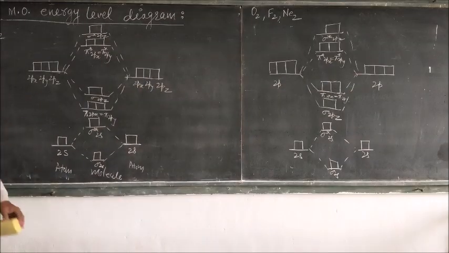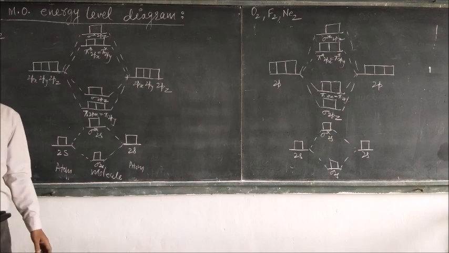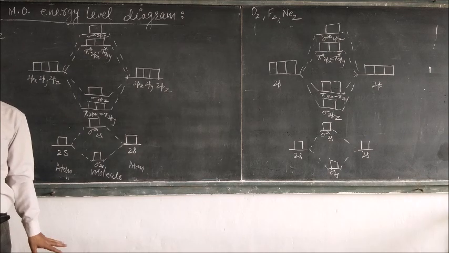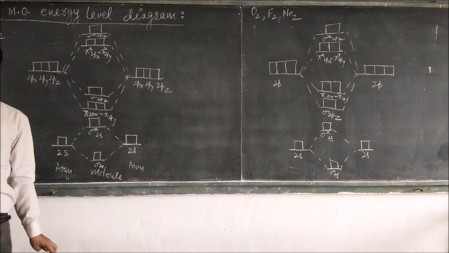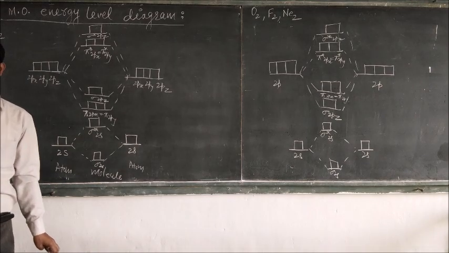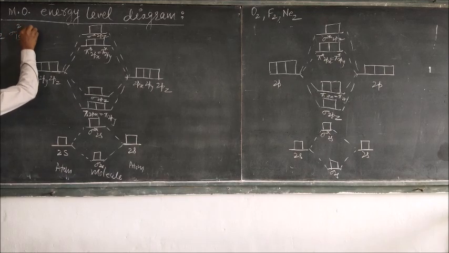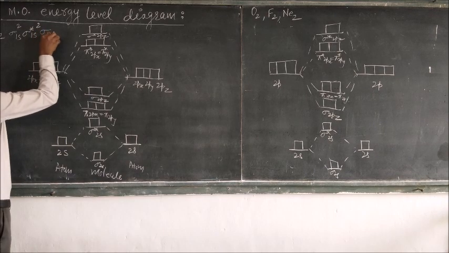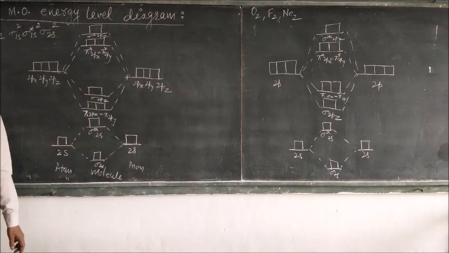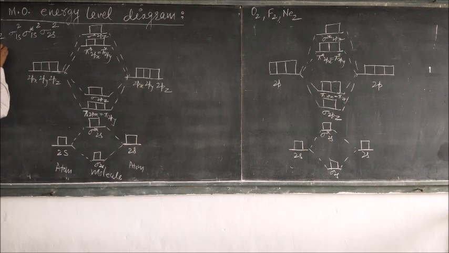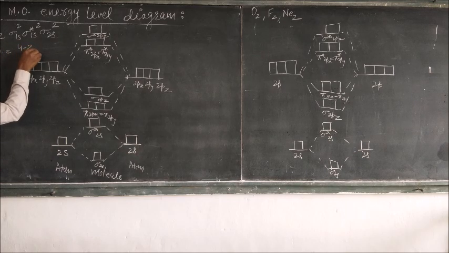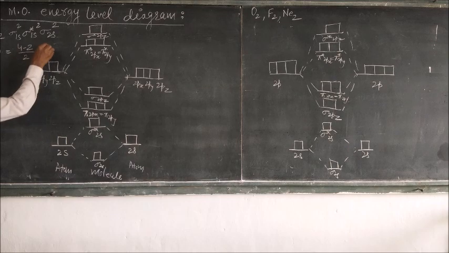Now say lithium 2. How many electrons are there? Lithium has 3 electrons, so total 6. That means sigma 1s2, sigma star 1s2, and then sigma 2s2. So what is the bond order? Bond order is 4 minus 2 by 2, that is 1.